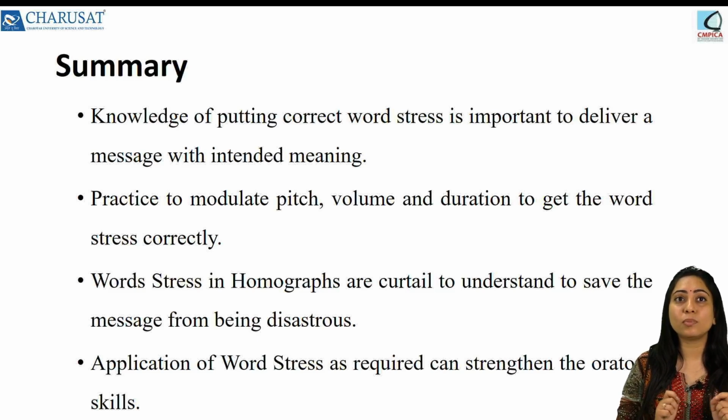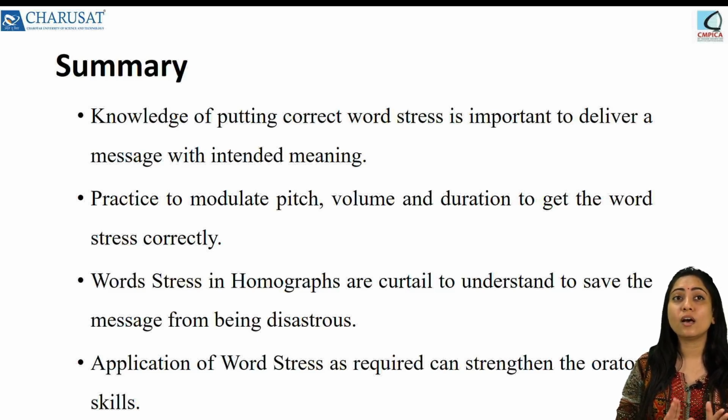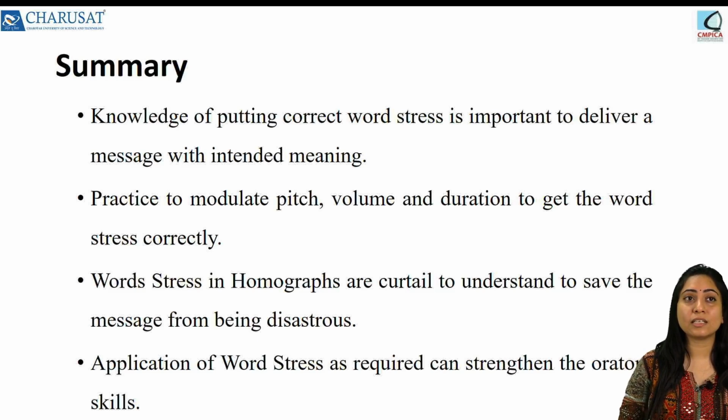There's also the pronunciation of the phoneme that is important, but at the same point of time, pay attention to the syllable that is there. So when we talk about present and present, the disyllabic word, right, we need to understand how we convey the meaning where and when. So know the pronunciation of noun, know the pronunciation of verb, and then use them accordingly, right? So that is one aspect.